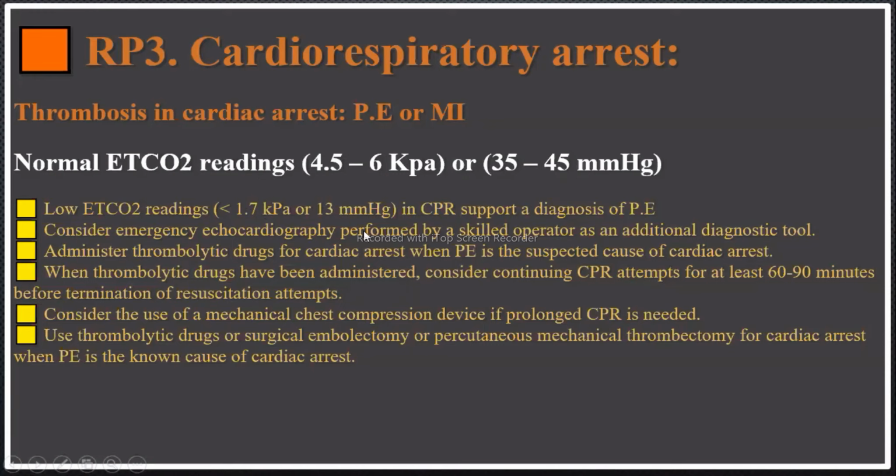Consider emergency echocardiography. Administer thrombolytic drugs. You can use thrombolytic drugs or surgical embolectomy or percutaneous mechanical thrombectomy for cardiac arrest when pulmonary embolism is the known cause of cardiac arrest. So it can be an option in the exam.